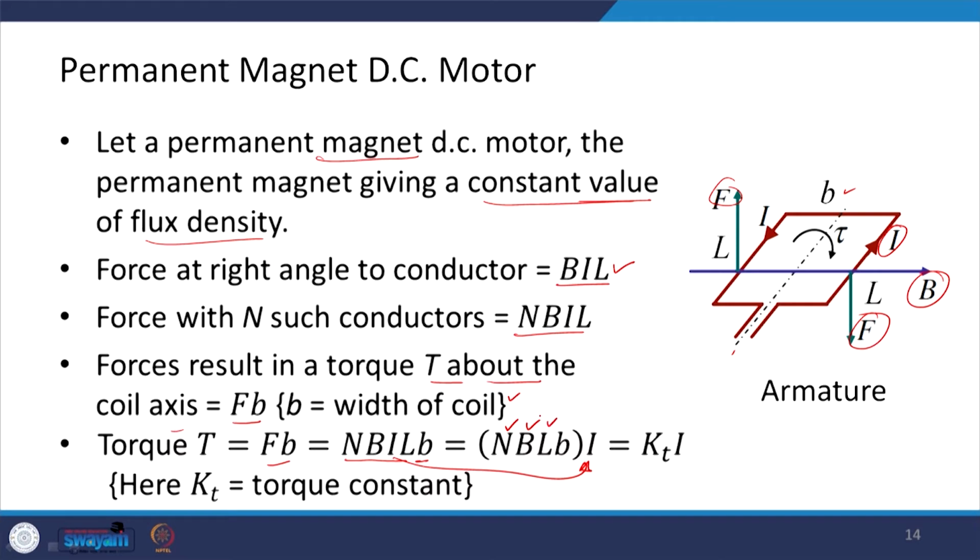L is the length of the conductor. So, this whole term is constant, and I rename this constant as kT, and this kT is popularly called the torque constant of the motor.